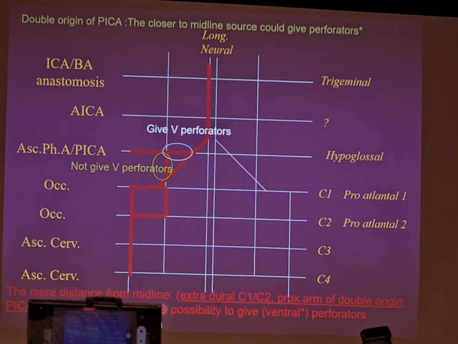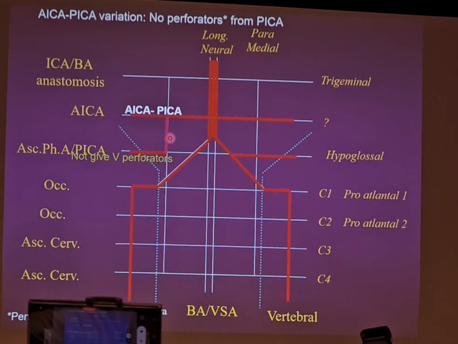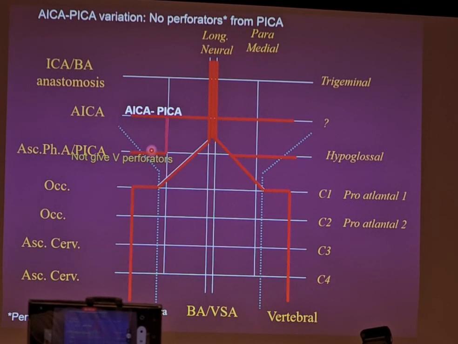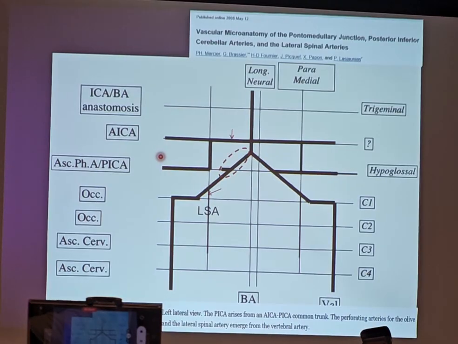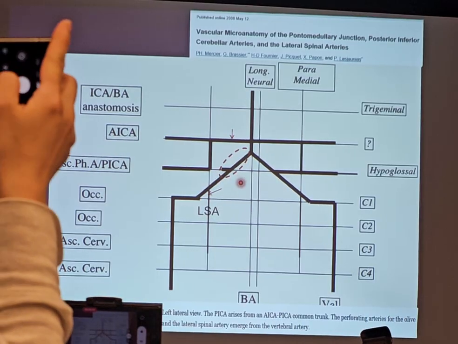Also in this variation of PICA, because PICA is now far away from midline, you have less chance for that PICA to give perforators. And in the opposite, in this situation, the segment of vertebral artery will be the one responsible for giving the ventral perforators because it's closer to the midline.